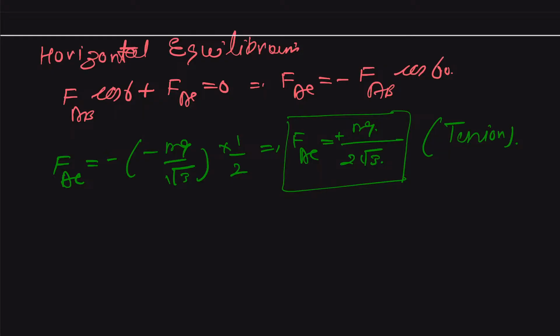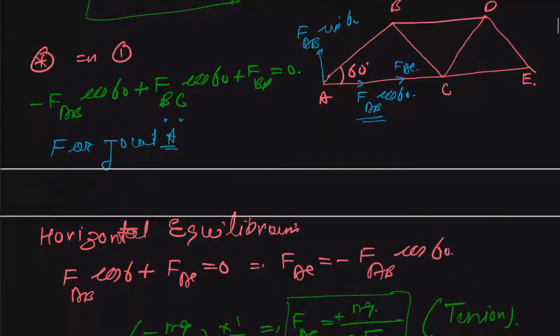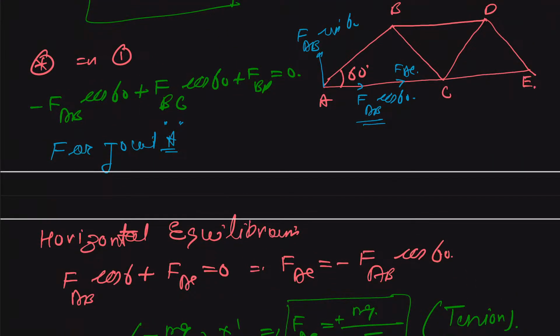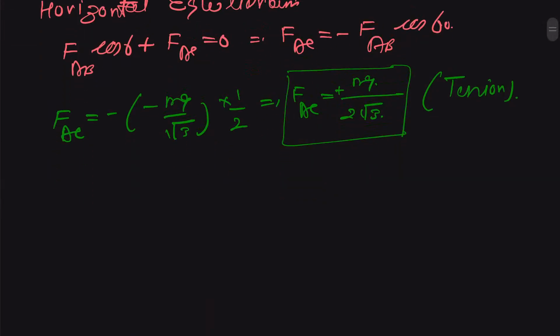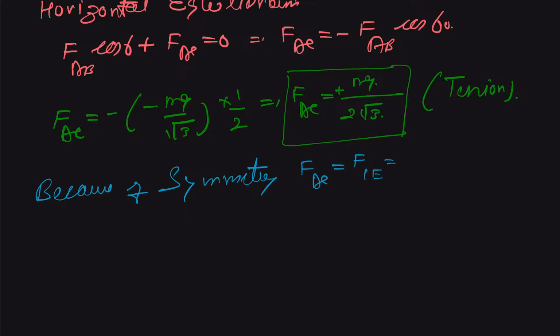And similarly, we can also find out our FCE. Because of symmetry, we can simply put it like this. So we can say that because of symmetry, our FAC is equal to FCE, which is equal to plus mg over 2 root 3.